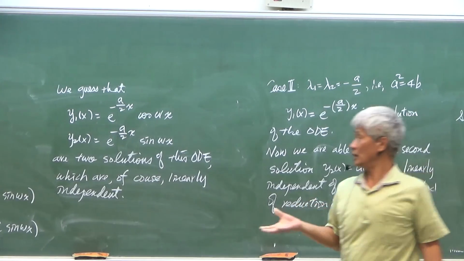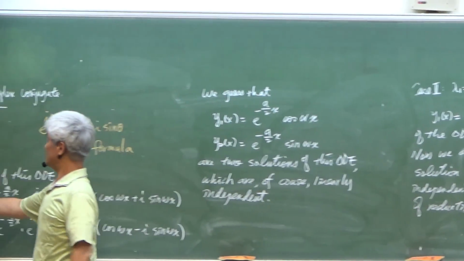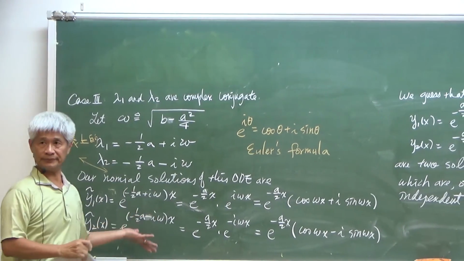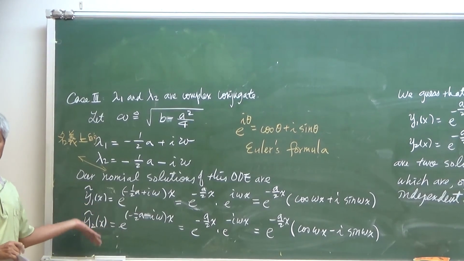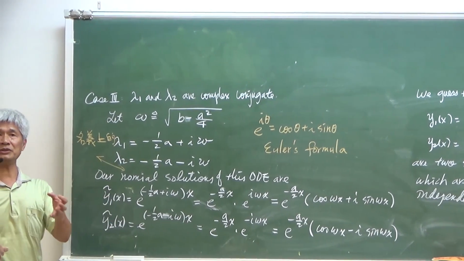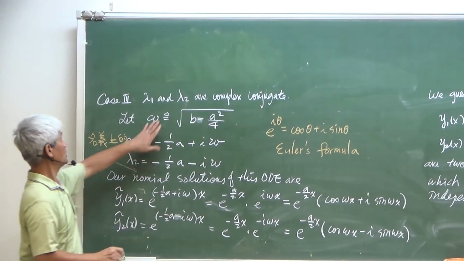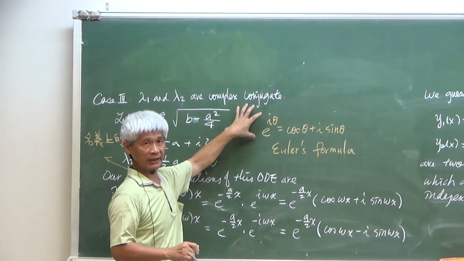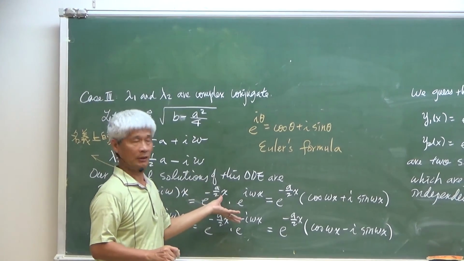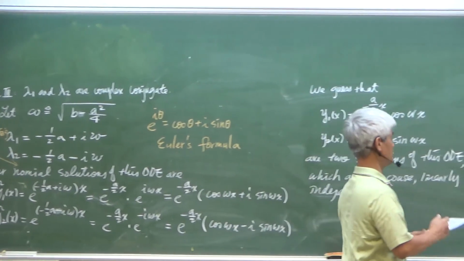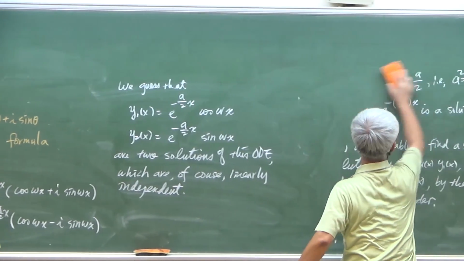It just suggests these two nominal solutions only, because the solution of the quadratic equation gives complex conjugates. But we think these are the true solutions.